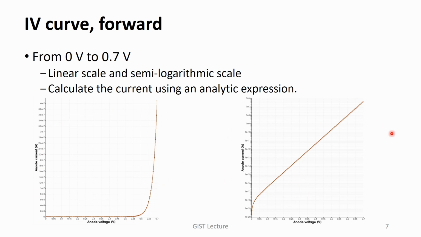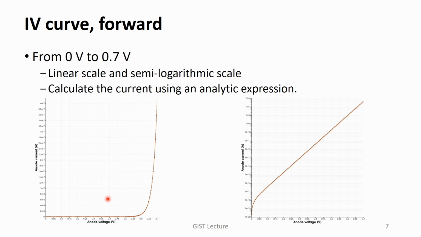These curves show the identical data with different y-axis settings. The left one is shown in the linear scale and the right one in the semi-logarithmic scale. Its exponential dependence on the applied voltage is clearly observed.